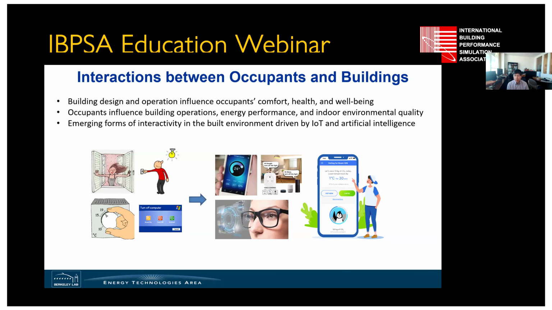For example, those very handy apps give you the possibility to provide feedback: am I feeling too hot, too warm? And that is nice feedback to the building operators so they can adjust the HVAC system operation to meet your needs. So there are all these different ways, and obviously these would influence people's behavior as well.